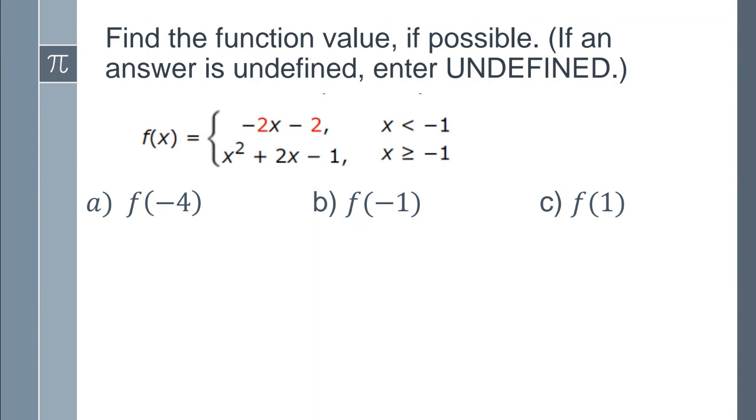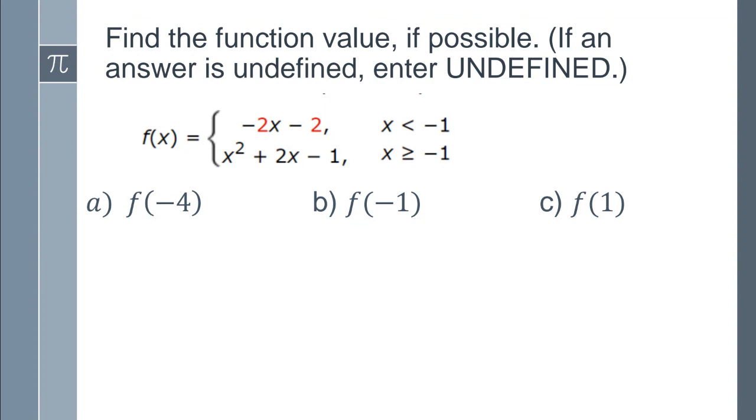Now the key to evaluating these functions is that we're only going to get one answer. Even though we have two functions, we're only going to get one answer. The reason for that is that we need to verify the input that they're giving us, the x value. This x value has to match the restriction on the domain that they're asking for us here on the right.